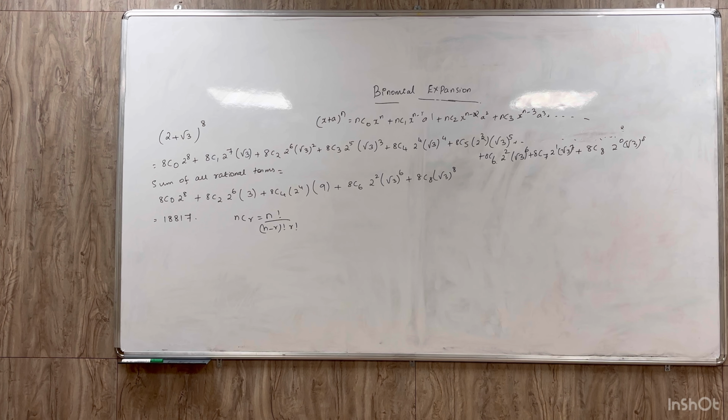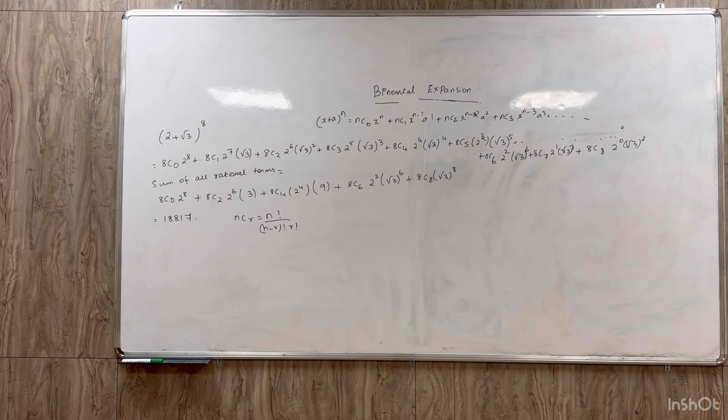there are 4 options. I'll tell you what all the options are. The options are 16,923 and 18,817 and 3,763 and 33,845.